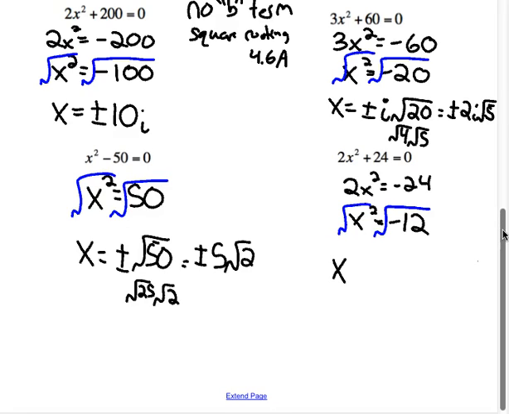So because I'm square rooting a negative, I am going to take out that i right away, write it like that. And 12 can break up into 4 and 3. So my final answer is going to be 2i square roots of 3, because the square root of 4 becomes 2.